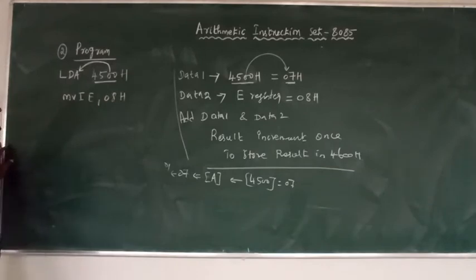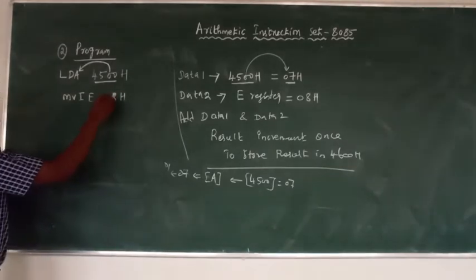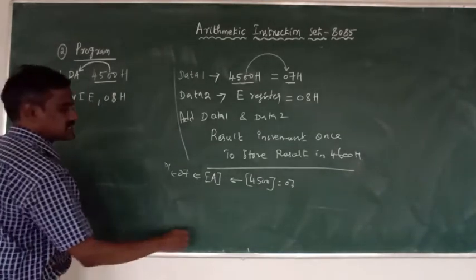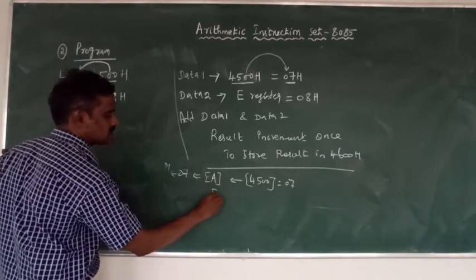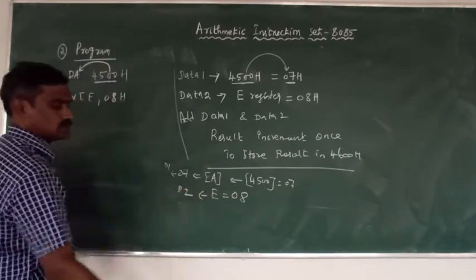The 08 data is immediately moved to the E register. MVI E, 08H. The 08 data is immediately moved to the E register. This is the instruction to initialize E register with 08. This is for data 2.